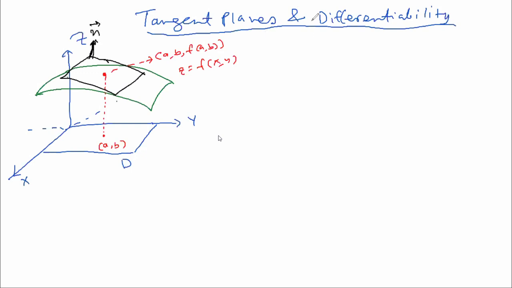To get the normal vector, first look at this line. This is a tangent vector, right? So that means this is corresponding to this. So that means you fix the y value and the x value changes, right?